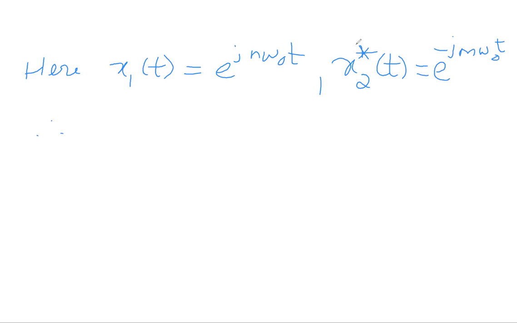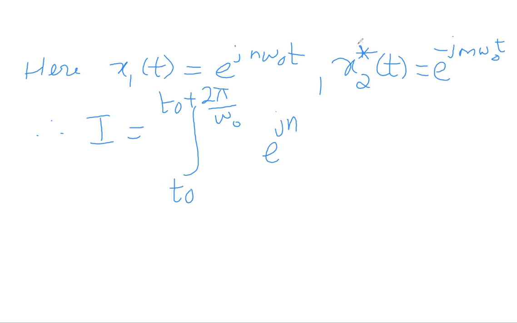Now the integration can be found by integrating from t0 to t0 plus 2 pi by omega 0, x1 of t which is e to the power j n omega 0 t, and x2 star of t which is e to the power minus j m omega 0 t, dt.